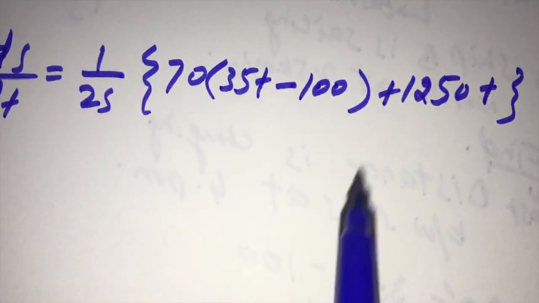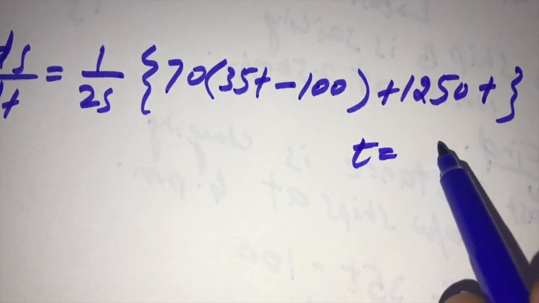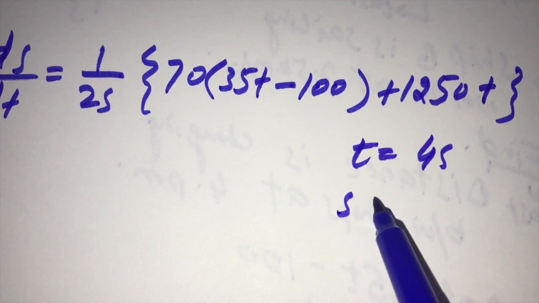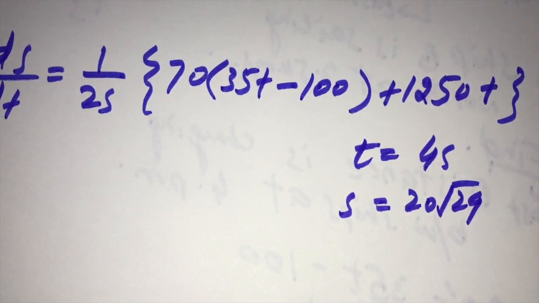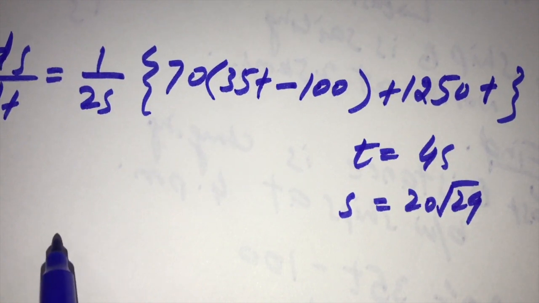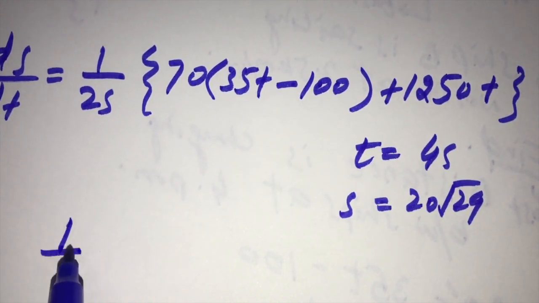So put t is equal to 4 and s is equal to 20 into square root of 29, which we found from our previous Pythagoras theorem relation.